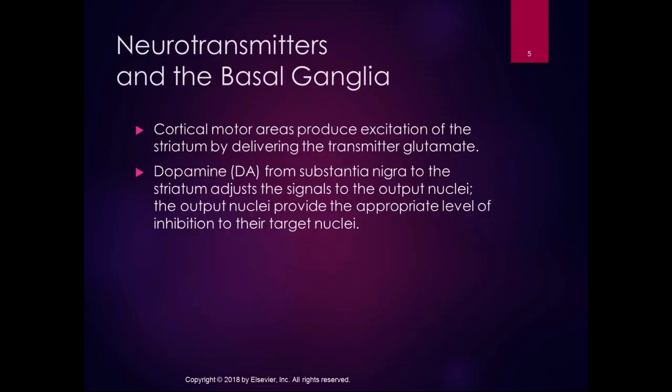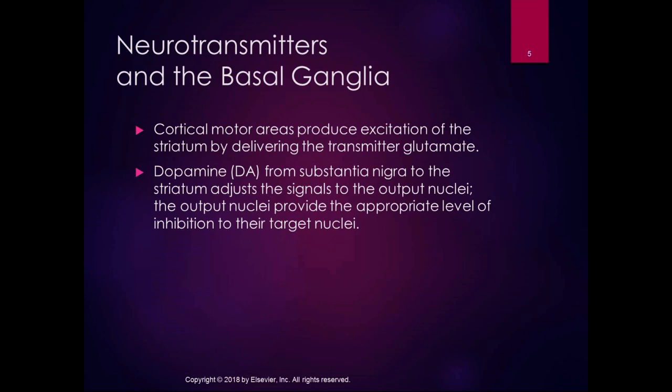The basal ganglia: the cortical motor areas produce excitation of the striatum by delivering the transmitter glutamate. And we know that glutamate is the primary excitatory neurotransmitter in the central nervous system. Dopamine from the substantia nigra to the striatum adjusts the signals to the output nuclei.